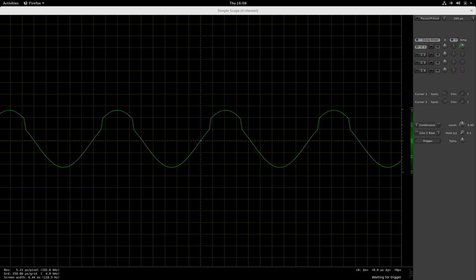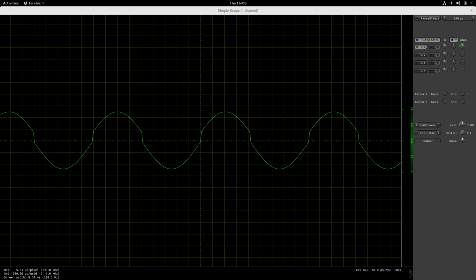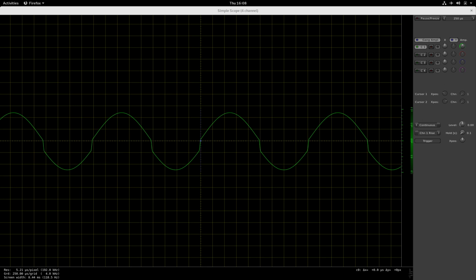And now I will move it back to the negative direction. So basically the bias controls which region of the input waveform is amplified and distorted and passed on in a nonlinear way by the fuzz unit.